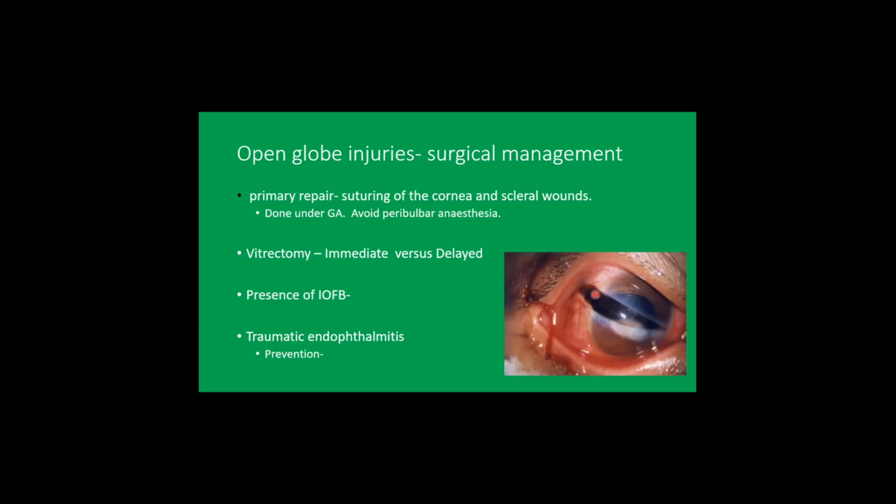Now, if there is dislocation of, let's say, crystalline lens into the vitreous cavity, severe vitreous hemorrhage or even retinal damage, then there's a tendency to advocate for immediate vitrectomy, but that also has its problem.